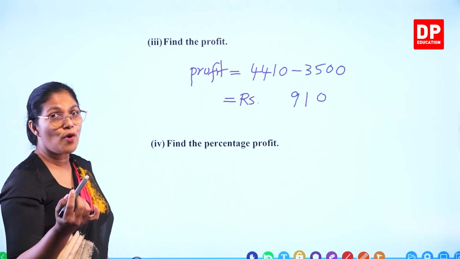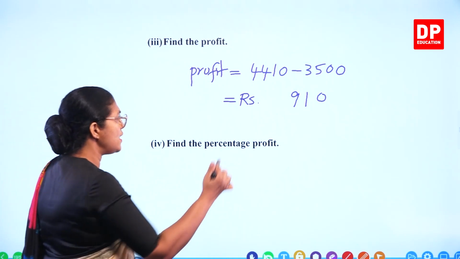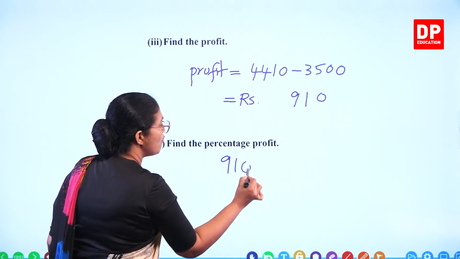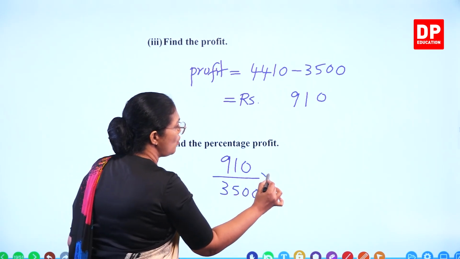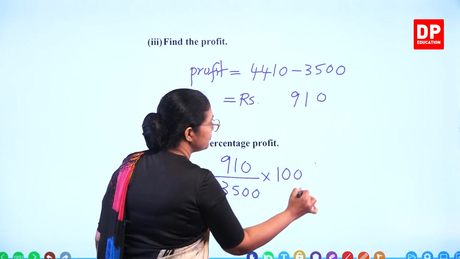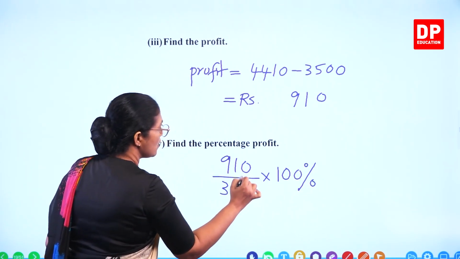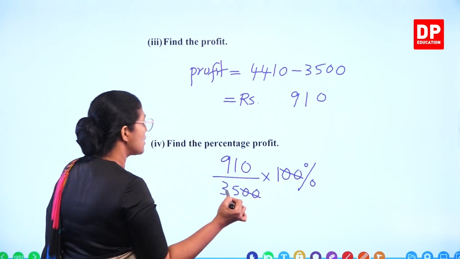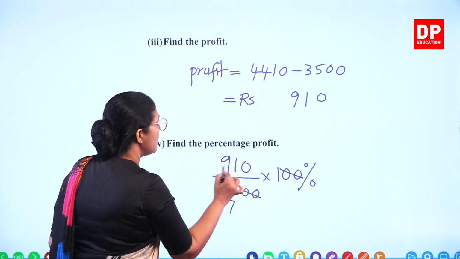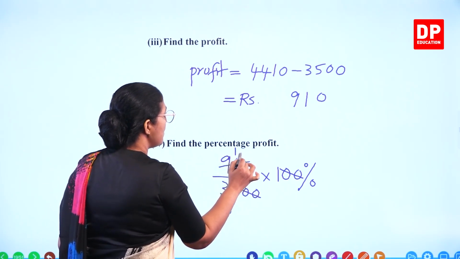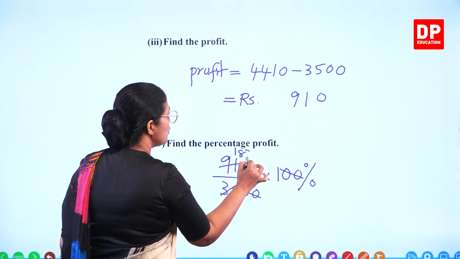Find the percentage profit. How do you find the percentage profit? Profit over buying price. Buying price is 3,500 into 100%. 2 zeros get cancelled out. 5 times 7, 5 times 1, 5, 8 and 2.